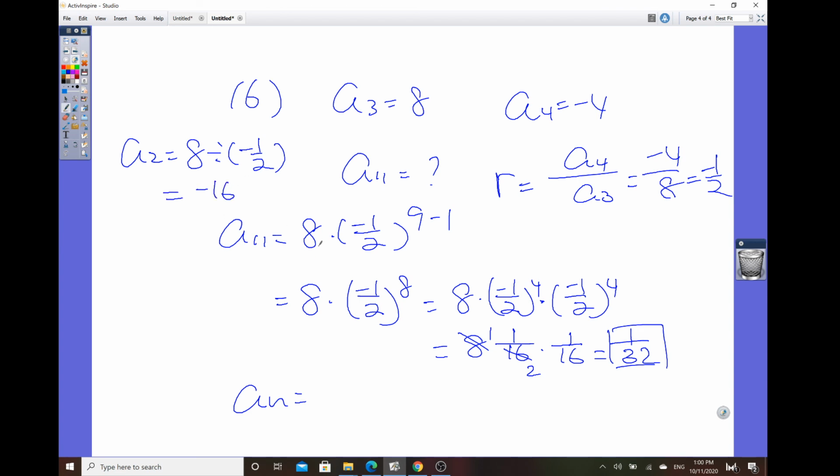And then divided by negative 1/2, multiply by negative 2. So a sub 1 is what? 32. So a sub n is 32 times the common ratio r, which is negative 1/2, to the power of n minus 1. So we can do it that way.